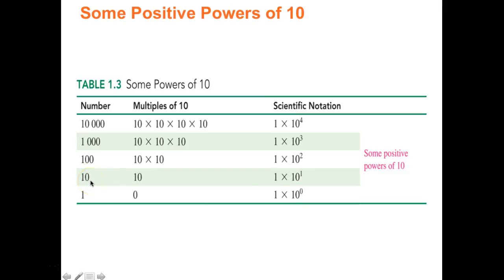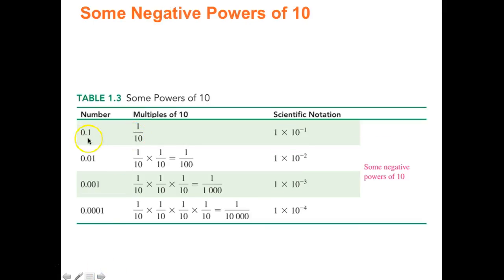If the standard number is 10, then it's a power of 1, so it's 1 times 10 to the power of 1, which is 10. If the number is 100, then it's 10 times 10, so it's 1 times 10 raised to 2. There are 2 tens in that. If it's 1,000, then it's 1 times 10 to the power 3, 10,000, 1 times 10 to the power 4.